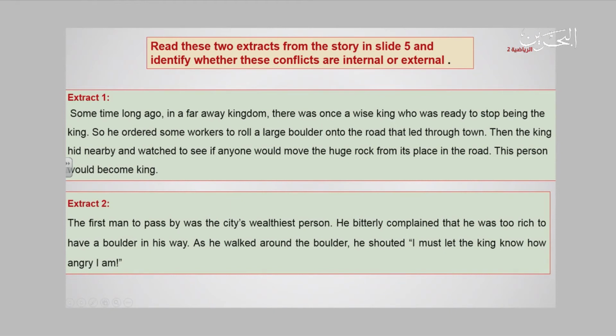Keeping that in mind, I want you to read the two extracts and identify which one is the internal conflict and which one is the external conflict.